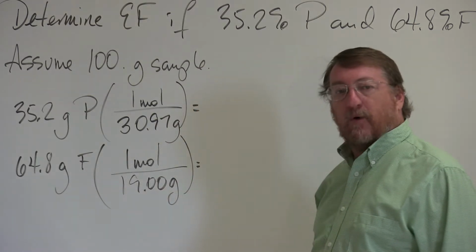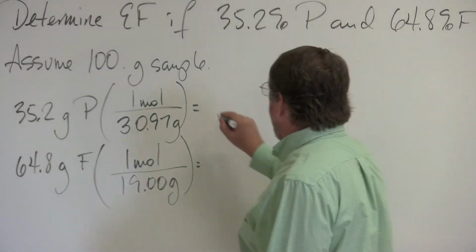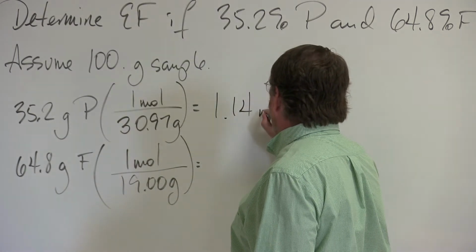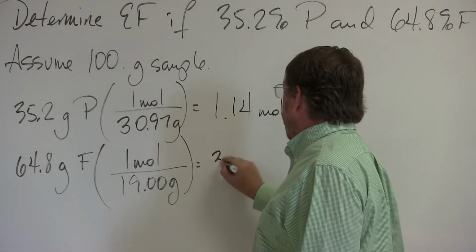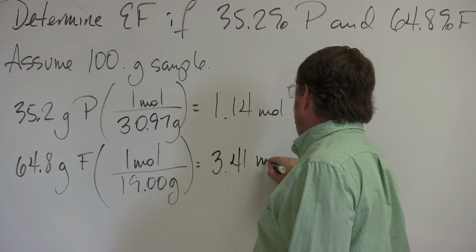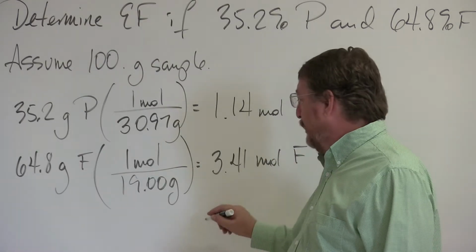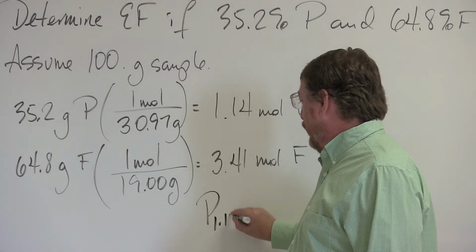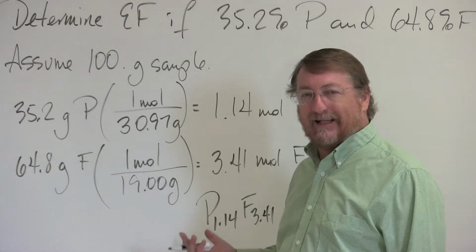So now we're going to have the moles of phosphorus and fluorine. The moles of phosphorus is 1.14. The moles of fluorine is 3.41. So this tells us that our compound is P1.14F3.41. But that's not very useful.